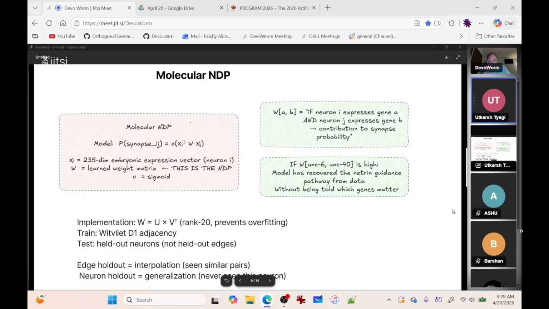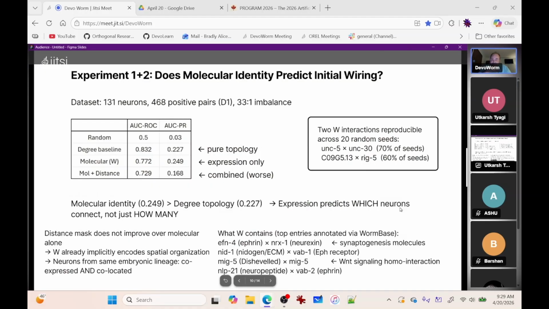In C. elegans, neurons that share the same embryonic lineage and have similar expression profiles also tend to be spatially adjacent. So the W matrix which I had was already capturing the proximity through the correlated expression, and thus adding explicit distance added correlated rather than complementary information. This is experiments 1 and 2, regarding testing the trained model, the DGNN.